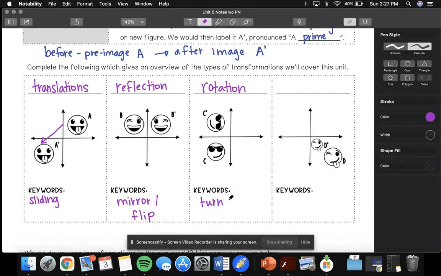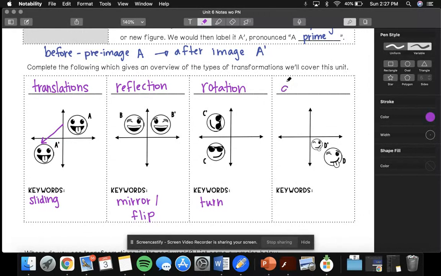It turns. All right, finally, we have our little guy with a wink and a tongue out, and it transforms into D prime. Okay, and this is the only time I've really noticed it's changed shape. Okay, so this picture got a lot smaller, or it could get bigger. There's a different way of doing that.